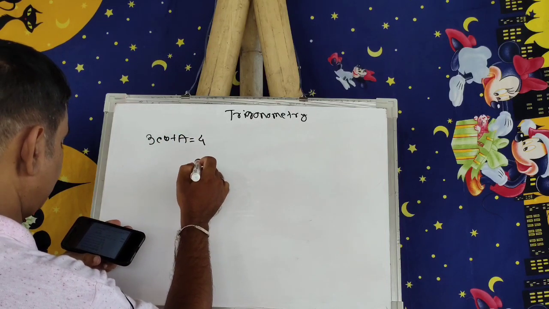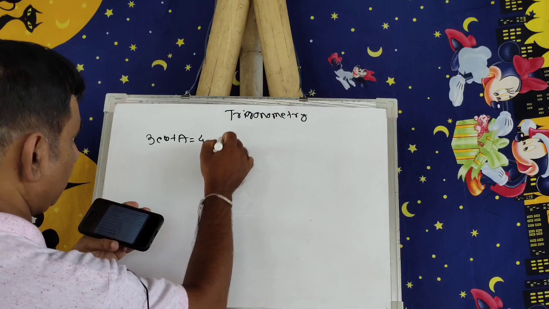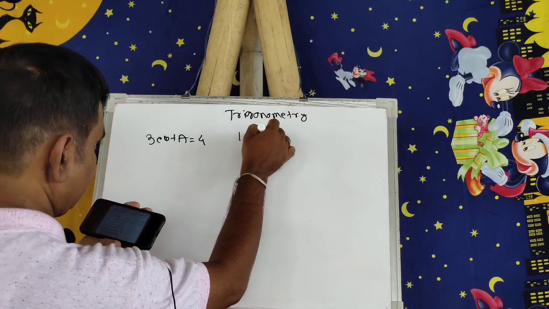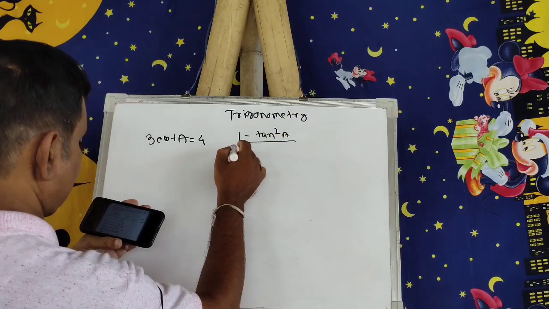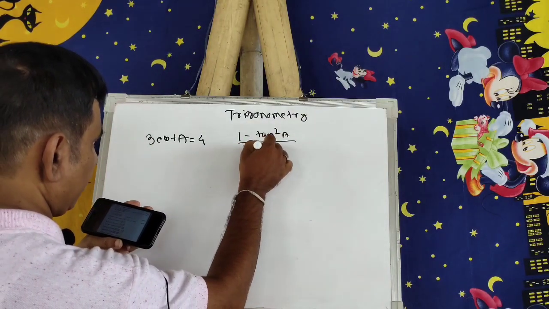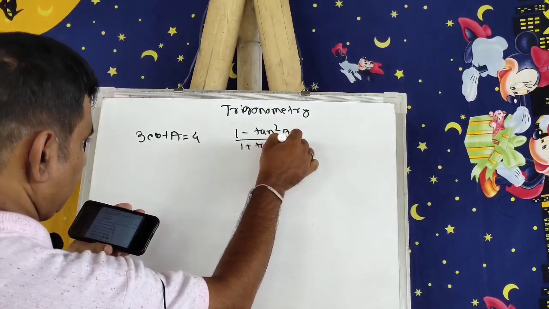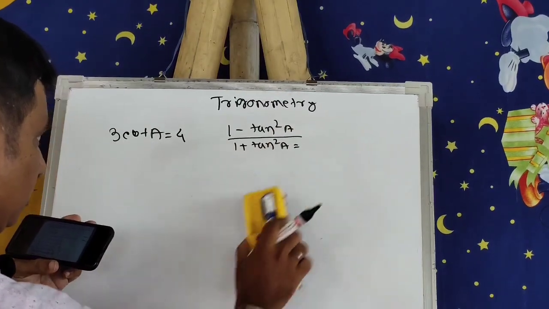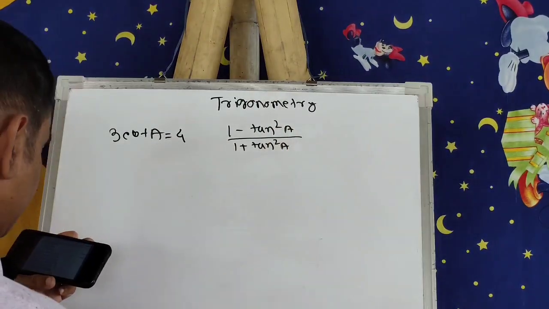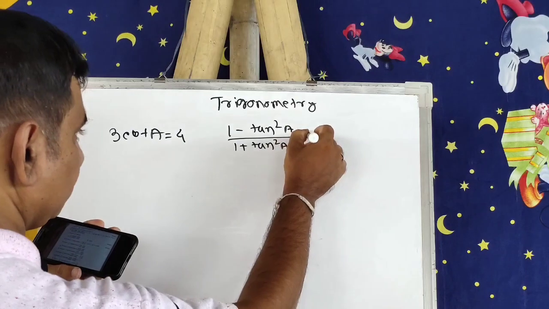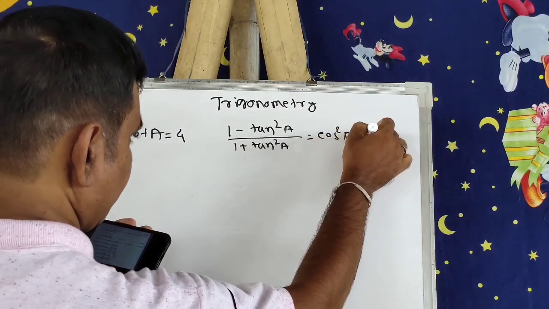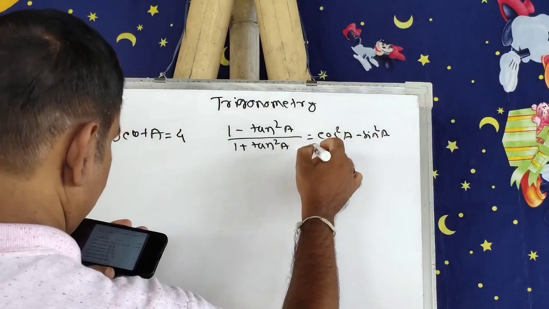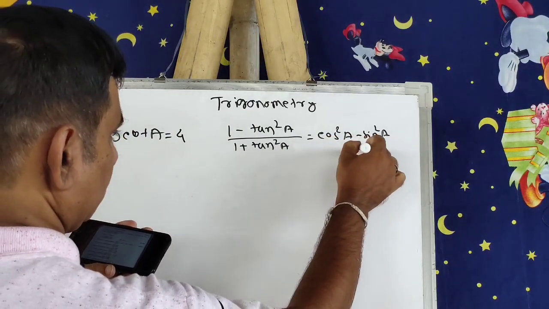Then check whether (1 minus tan square A) by (1 plus tan square A) is equal to cos square A minus sin square A or not.